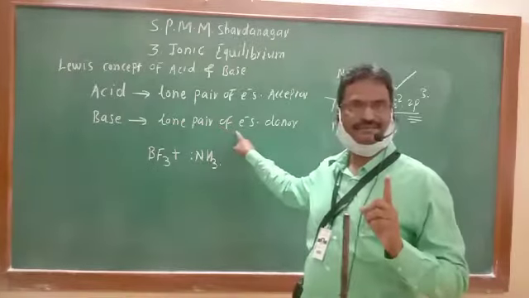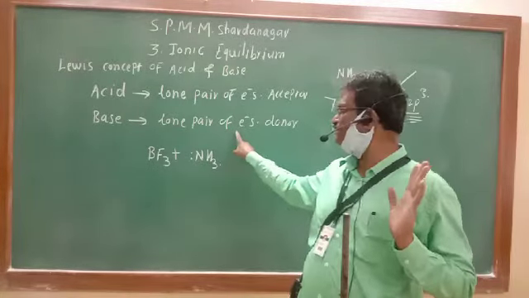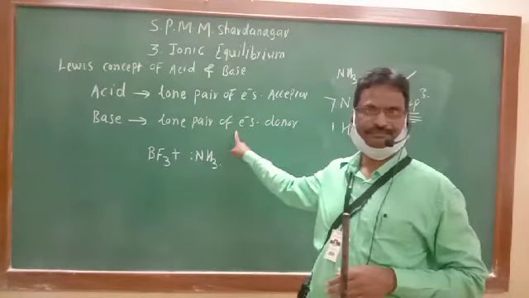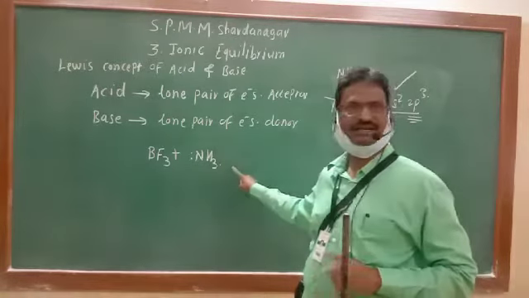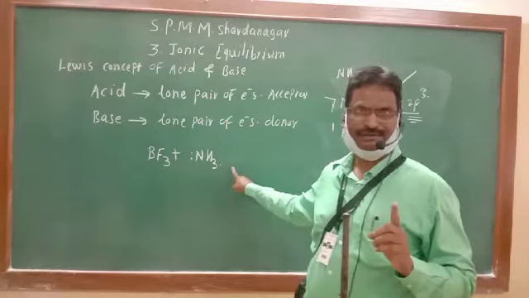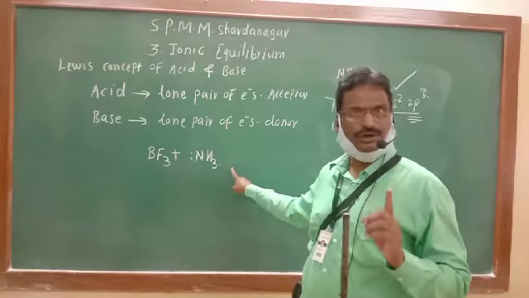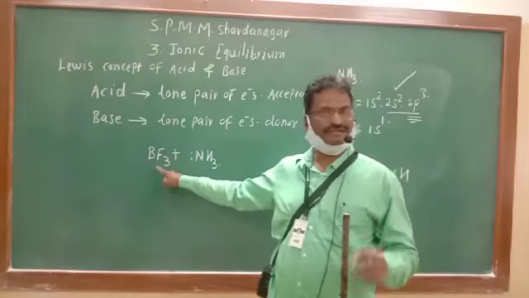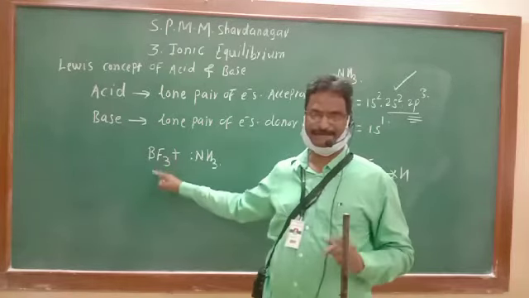Any substance which is capable of donating a lone pair of electrons is known as a base. Therefore, NH3 is a base. It is a lone pair of electron donor, so it is a base. This is a lone pair of electron acceptor, so it is an acid.